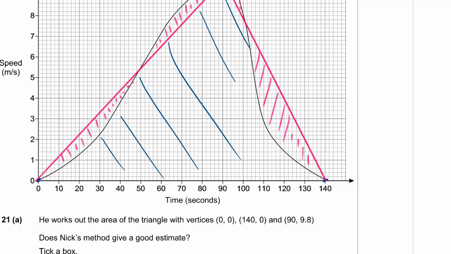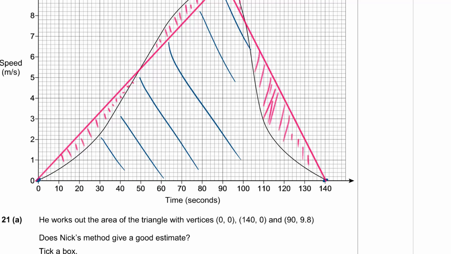If you do use this approximation, then I would say that the answer you're going to get is a slight overstatement of the distance travelled, because, as I say, this bit down here is bigger than this bit, so your area is going to be bigger than the area under the graph.